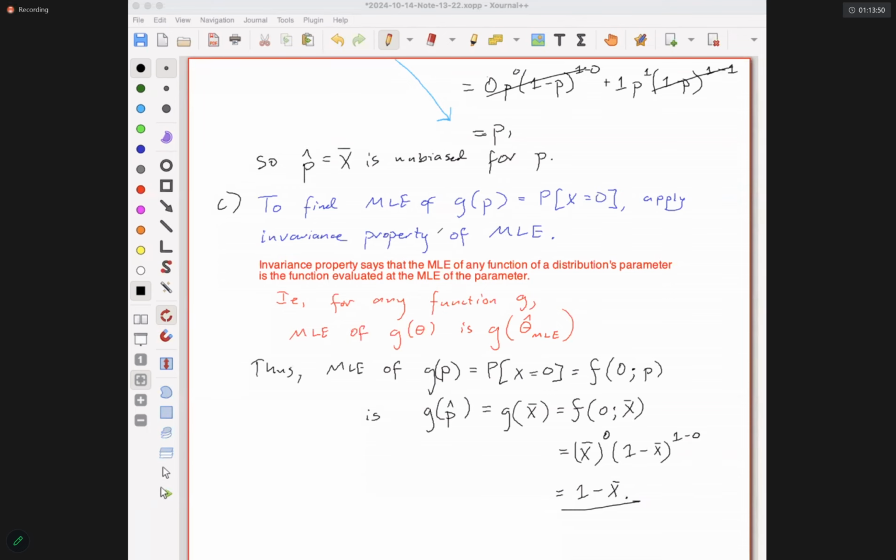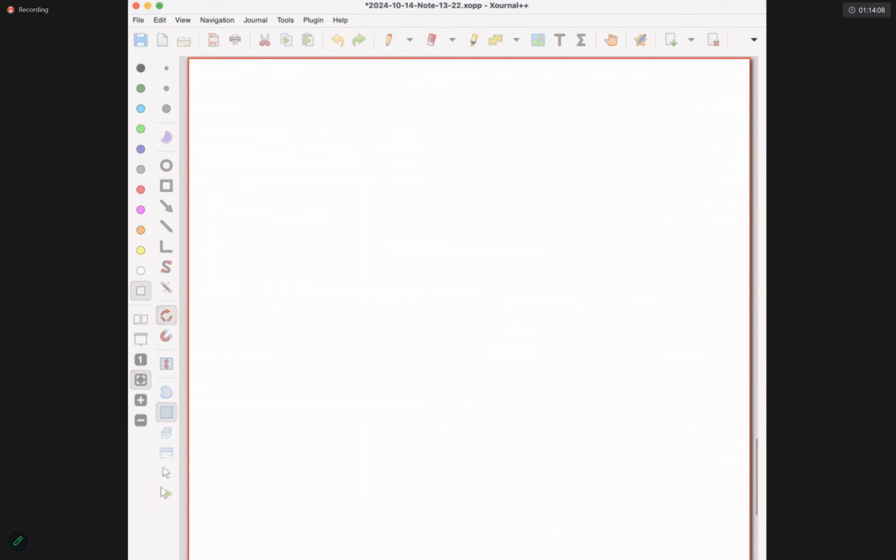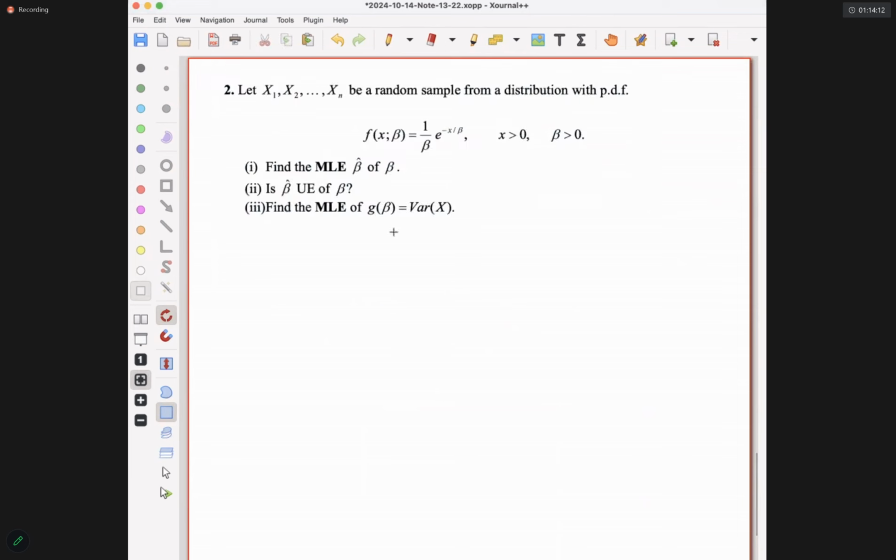Okay. So going on to number 2 here, we are given this particular distribution, which is actually an exponential distribution. And we're asked first to find the MLE beta hat of beta.